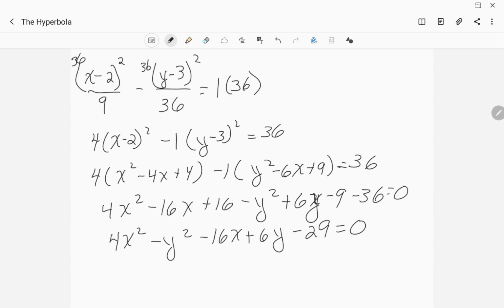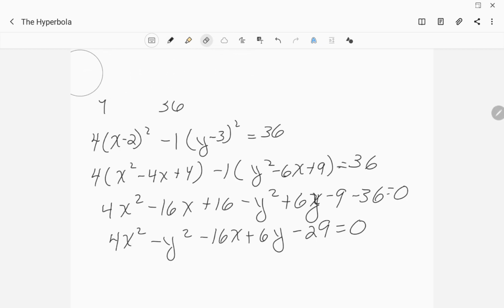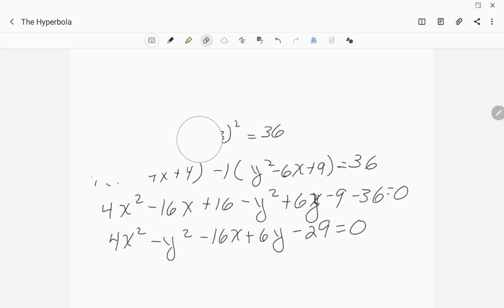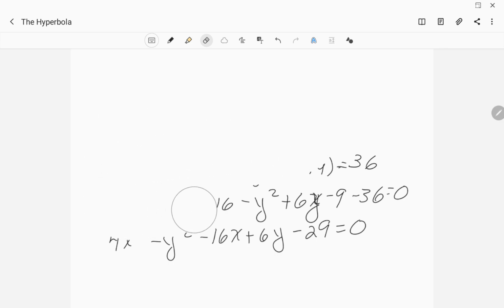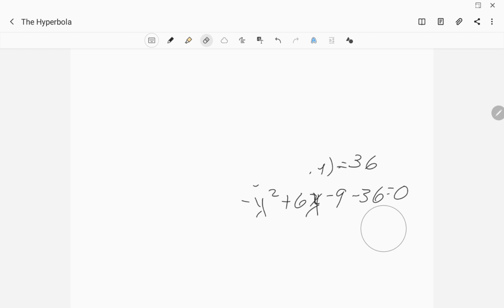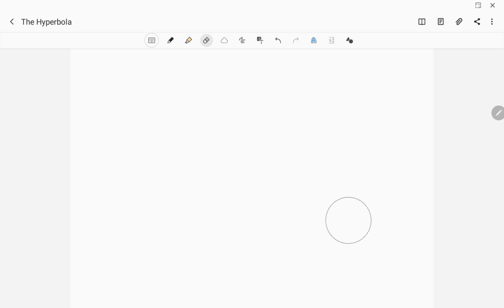Example number 2, of course, is going the opposite way. They're starting you in general form, and they're headed into standard form, and they want to know basically all about the hyperbola. They want to know the coordinates of the center, where are the vertices, and they say the equations of the asymptotes. I just want you to find the slopes of the asymptotes.